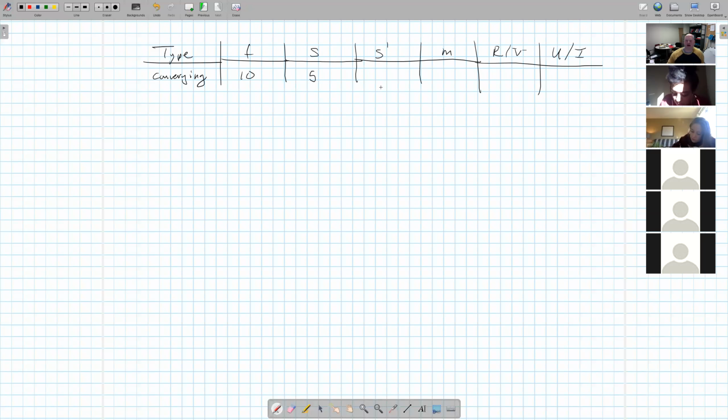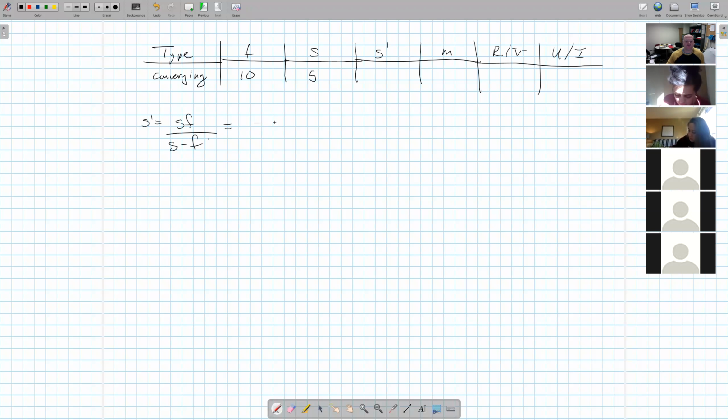So good. To find S prime, we simply have to use our lens equation. We know that S prime is going to be equal to S times F divided by S minus F. Again, we're using that because we know it's a converging lens. Here, this is actually going to be negative because S is less than F, which means down here the denominator is going to be negative.